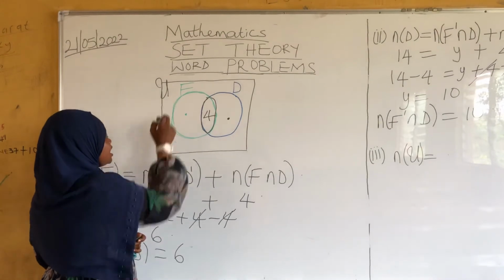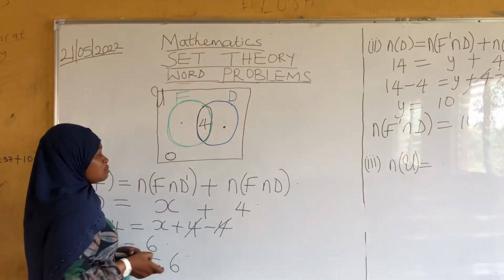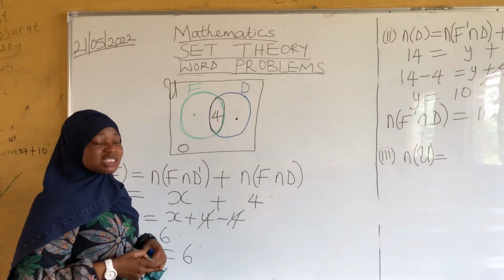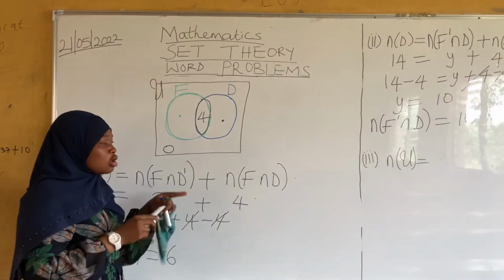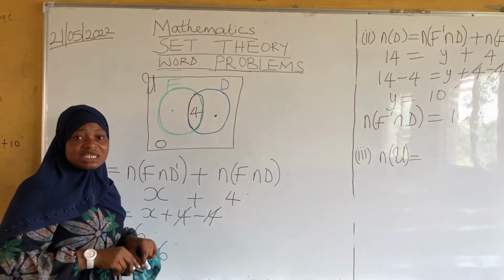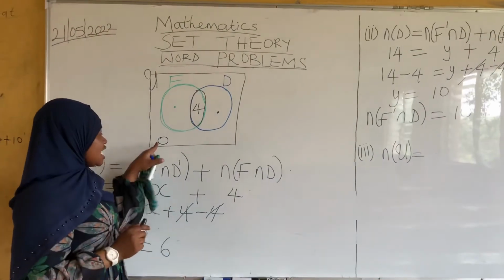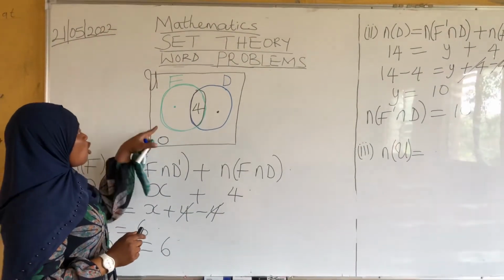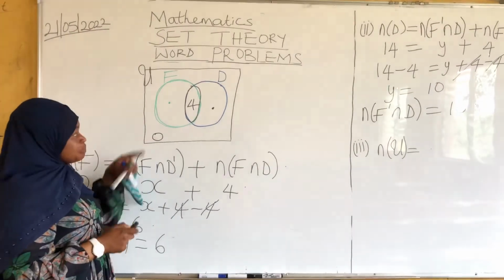So it means that this place will be those that do not dance to any of the music, and it means it's equal to 0. Because it said that at least all of the persons that are present in that party dance to at least one music. That means this is a cardinality of F union D complement is equal to 0.